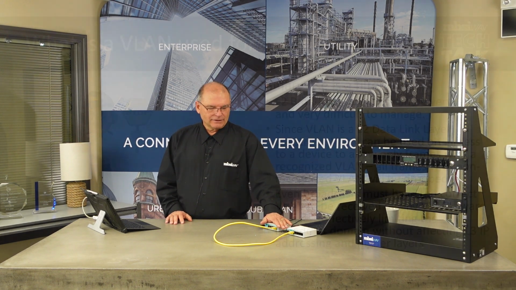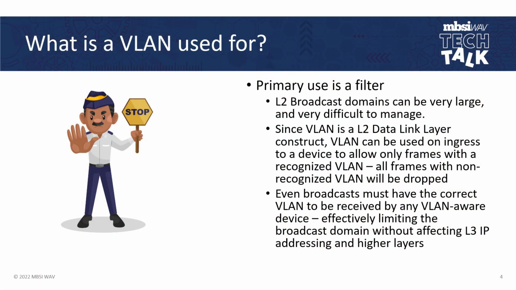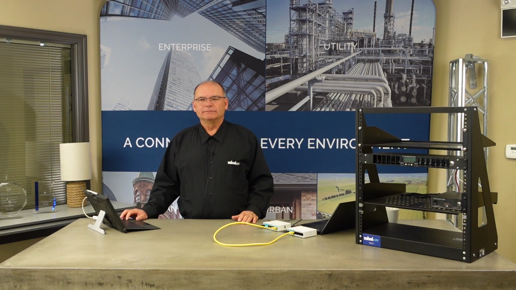As a matter of fact, if router 1 sends out a broadcast to the network, and router 2 happens to be on that network but it's looking for a VLAN, that broadcast has to have the VLAN tag in order to be received by the other device. So I have a very easy way to filter my traffic without having to change the IP address, without having to limit the IP addresses. So its primary use is a filter.